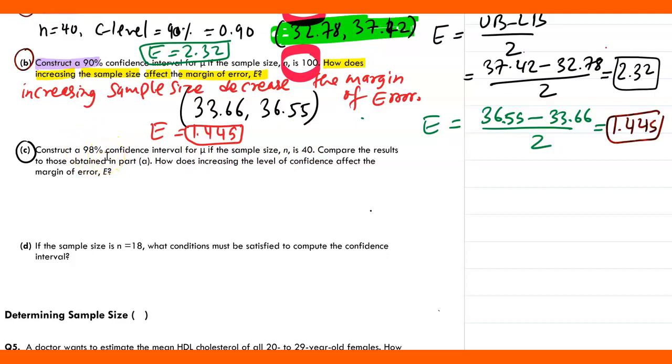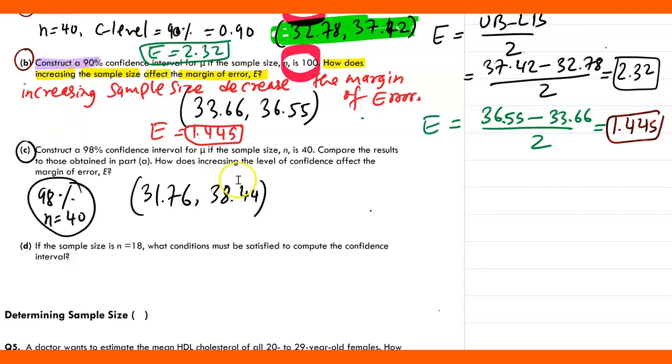Again, you do it in the calculator, and you'll find that the confidence interval is 31.76 as the lower bound, and the upper bound must be 38.44, for 98% and n equals 40.